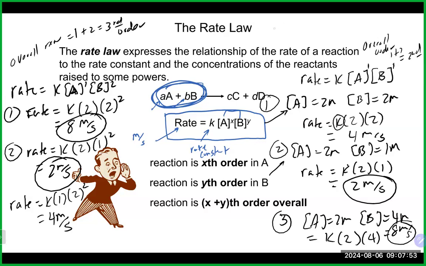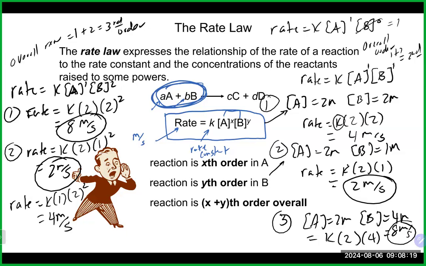Now, what happens if I had a rate law where I ended up with A to the 1 and B to the 0? When you take something to the 0 power, what does it equal? It equals 1, right? Which means in this particular reaction, if I change the concentration of B, will it have any effect on the rate? It will not, because it will always just end up being the same 1 no matter what number you throw in there.